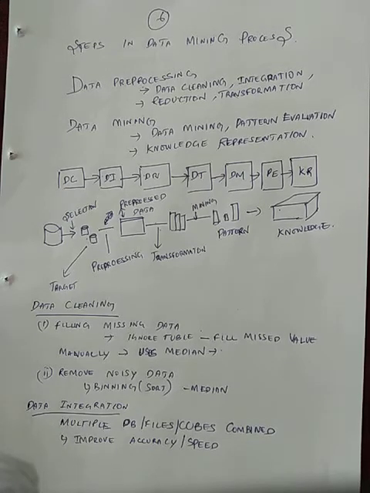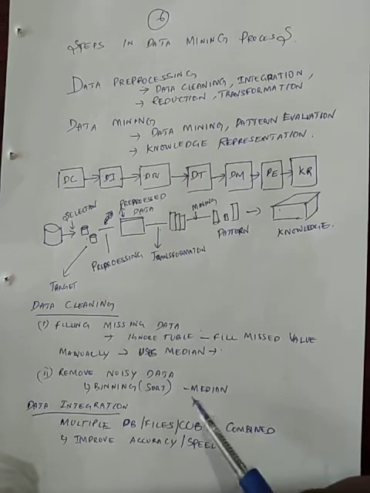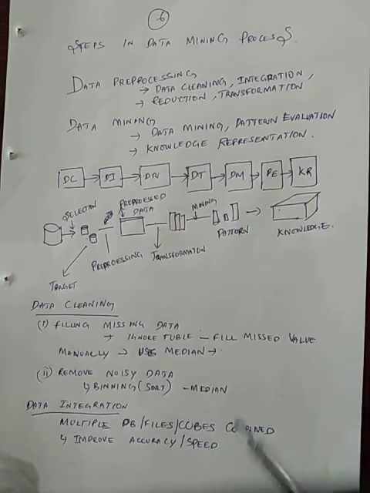In that case you want to insert the missing data manually. How do you insert it correctly? By introducing the median. From the collection of data you find the median, and then we can find out what data is missing. Then you want to remove the noise. That is another step in data cleaning.